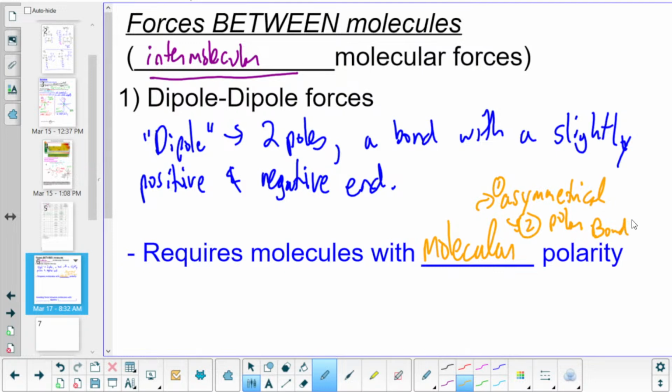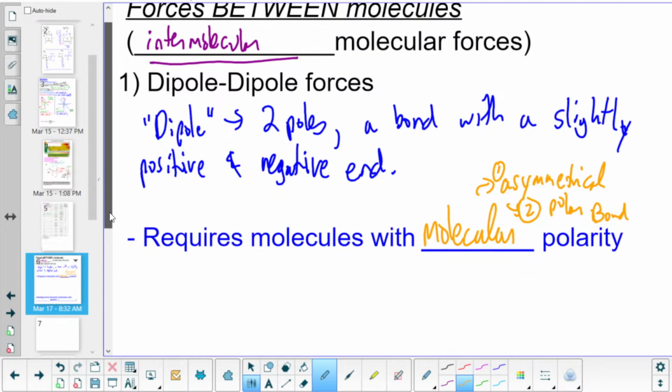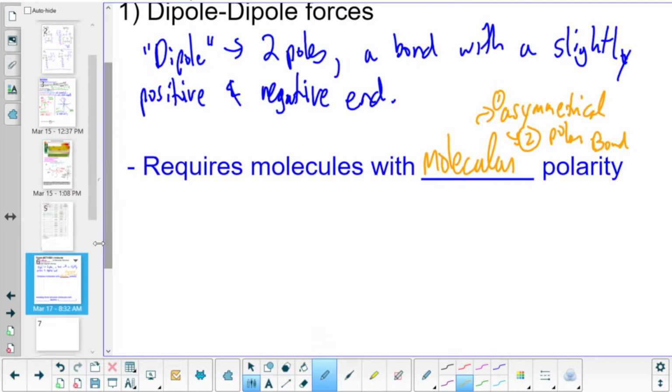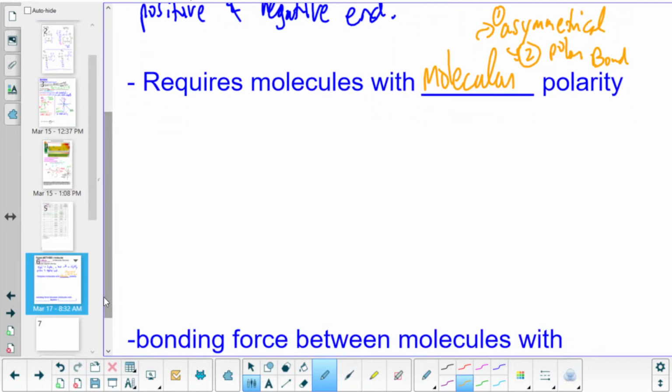It'll have a positive and a negative end. But we can still refer to things as dipole even if they're not polar. You can refer to the dipole bond, but you can't refer to the whole molecule as that, because the whole molecule, because of its symmetry, no longer has a dipole. And the word dipole is used to refer to both, so it does get confusing sometimes, which is why I'm trying to be careful.